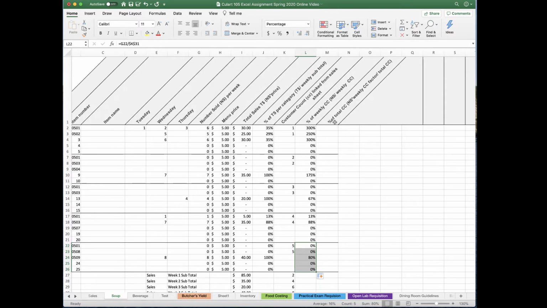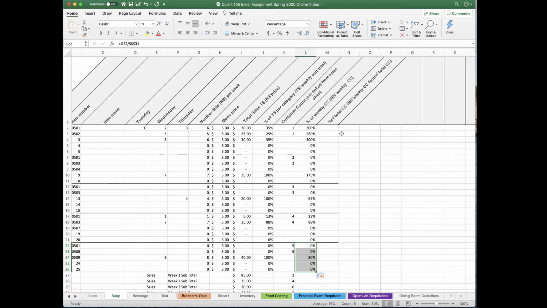Now we've got percent of total customer count. So number sold times the weekly customer count factor divided by total customer count. So that way, what that kind of helps you to do is, if you serve 20 people one day and 100 people the next day, and you serve 20 soups both days, but actually on the first day when you serve 20 people, 100% of the people bought the soup versus 20% when you serve 100 people.